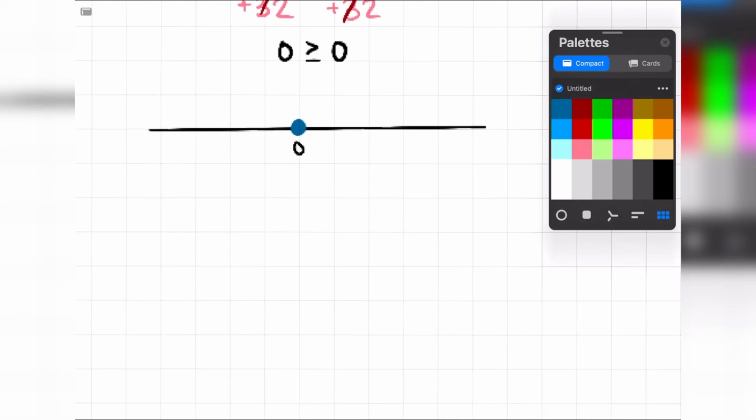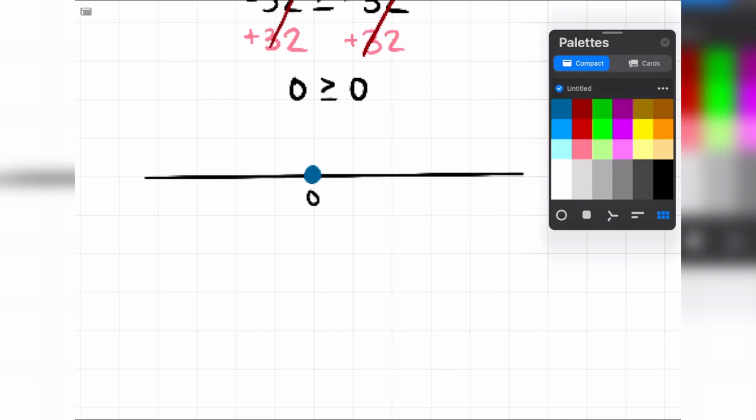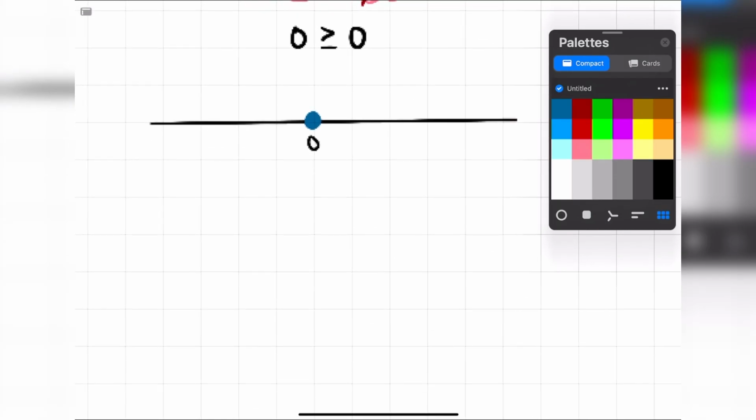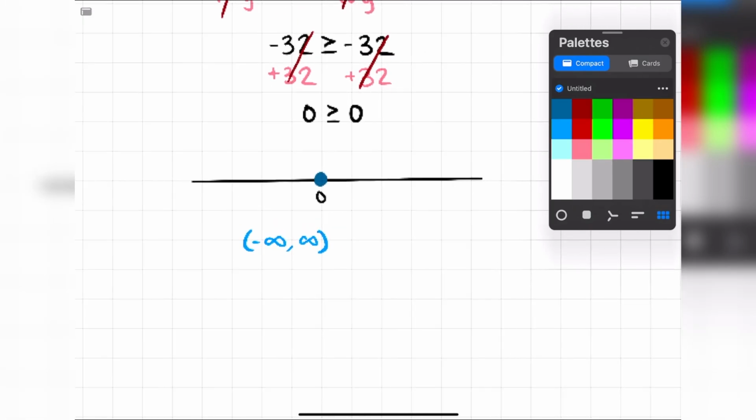So for this question, on the graph you would put this, but your answer might be a little confusing compared to the graph. It is going to be from negative infinity all the way to positive infinity. You include every number, right? That's your answer.